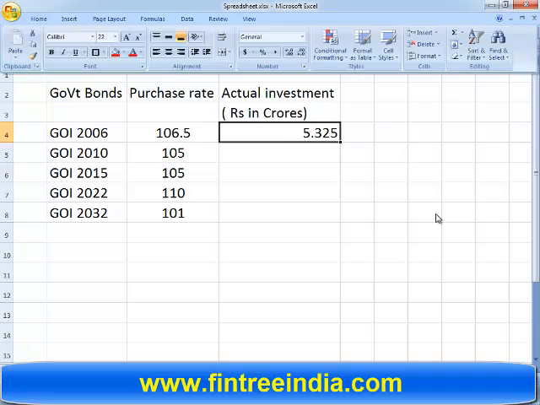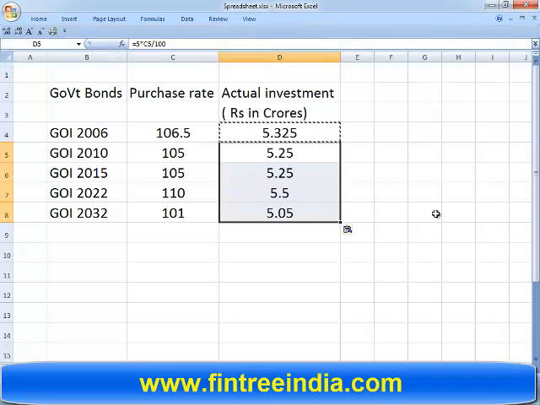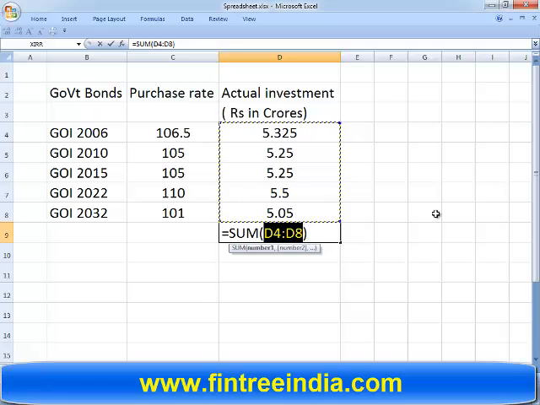So 5.325, and then we get actual investment in each, and total investment turns out to be 26.375. Any question or doubt on this?